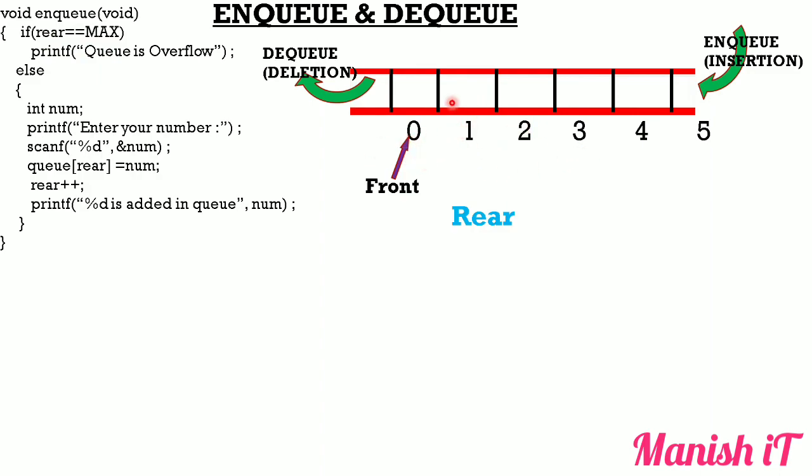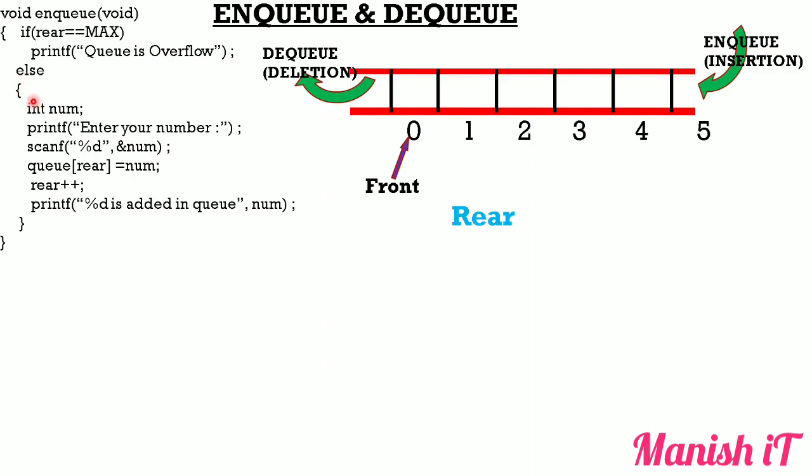At the start, we have to mention the size of the queue. Suppose here we mention the size of the queue is 5. Whenever rear has the value 5 and our maximum size is also 5, that is, when rear equals maximum, then simply print that the queue is overflow.